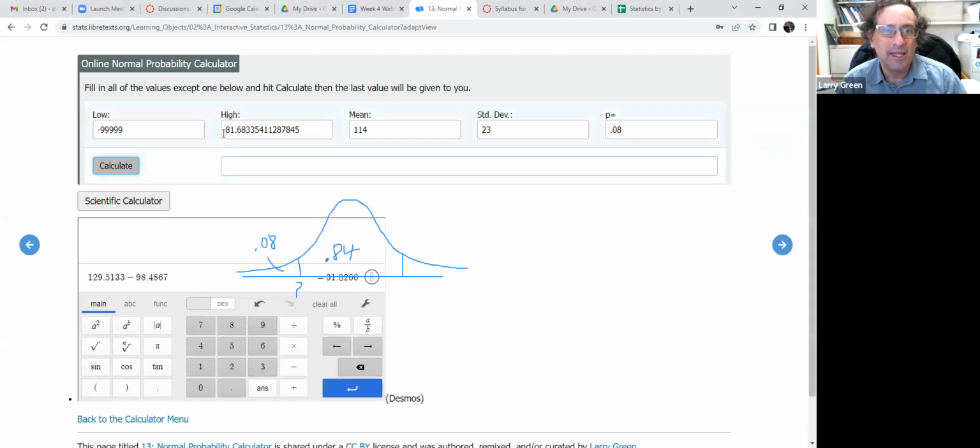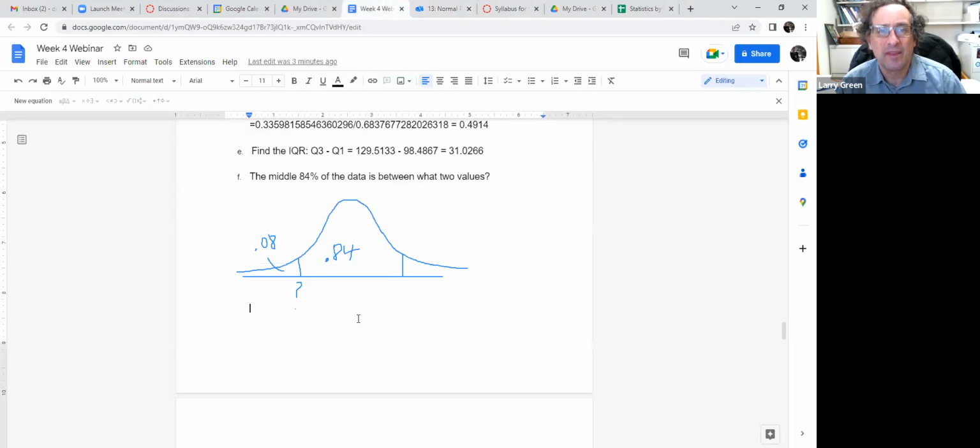And we calculate, and you get 81.6834, rounded to 4 decimal places. That's the left value. Similar for the right value.